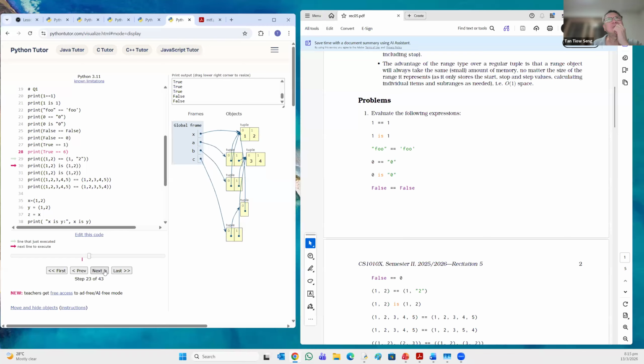False. Alright, it's obvious, right? This is 1 and a string of 2. This is 1 and 2. Next one. True. Aren't these two the same? Yeah. How come? Maybe it is the same?